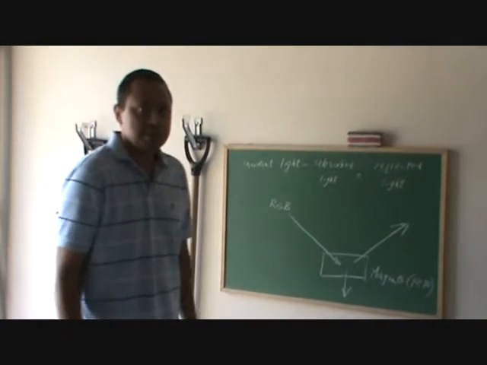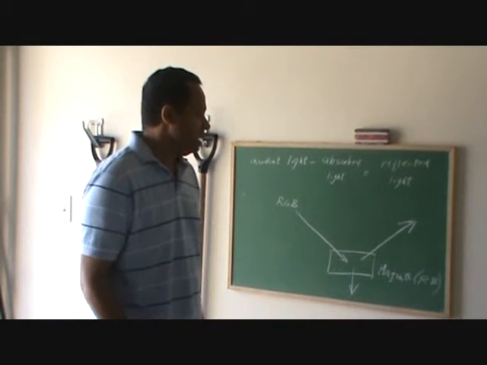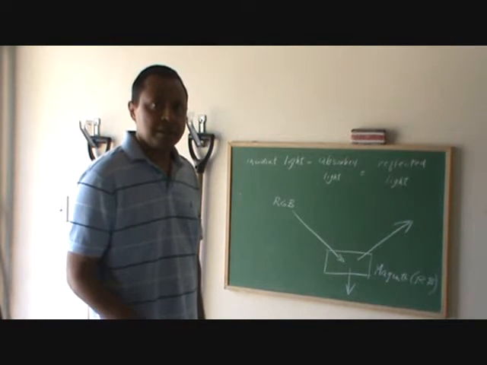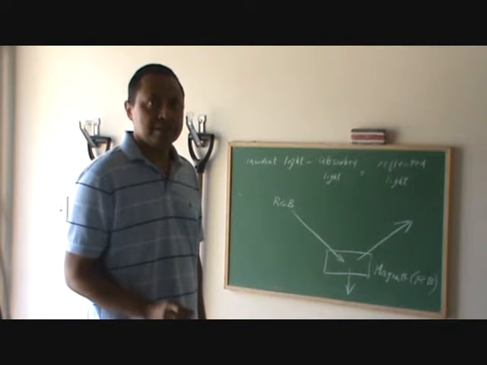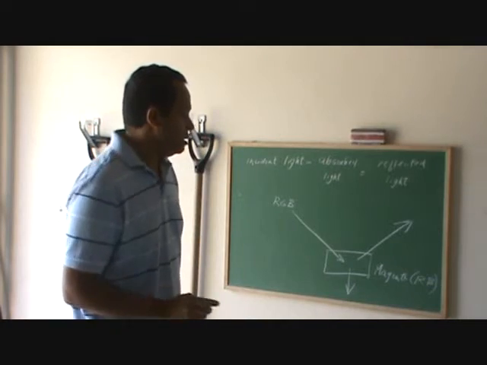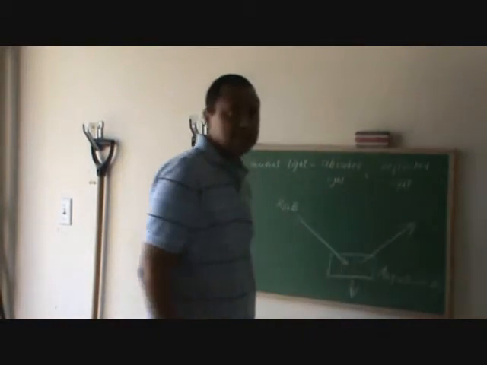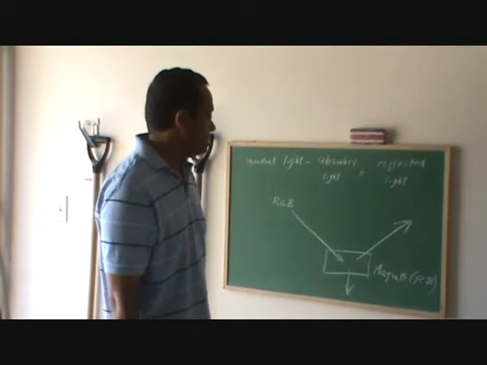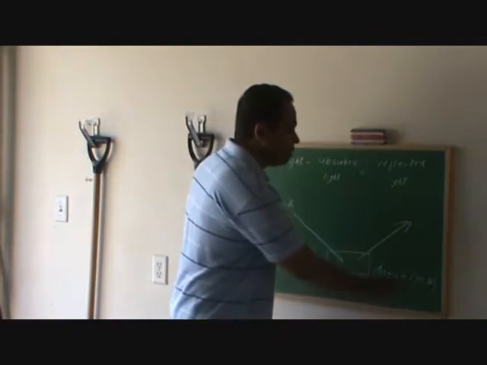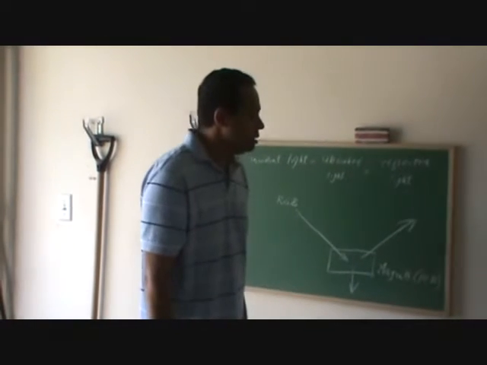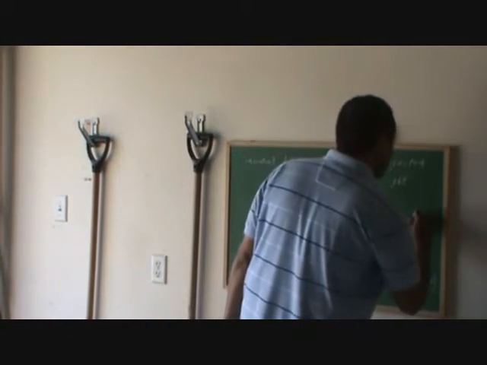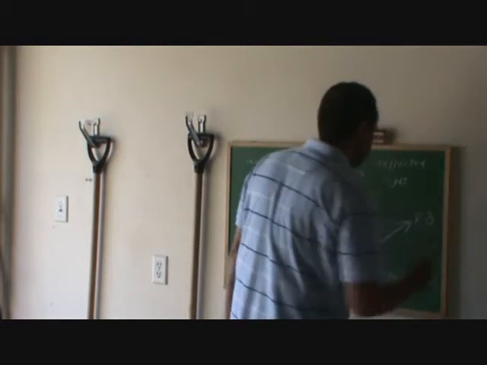Now a concept we should memorize also is that the name of the pigment specifies the reflected light. Since the pigment is magenta, the reflected light is also magenta. So the pigment is magenta, and magenta is red and blue. So the reflected light will be red and blue.